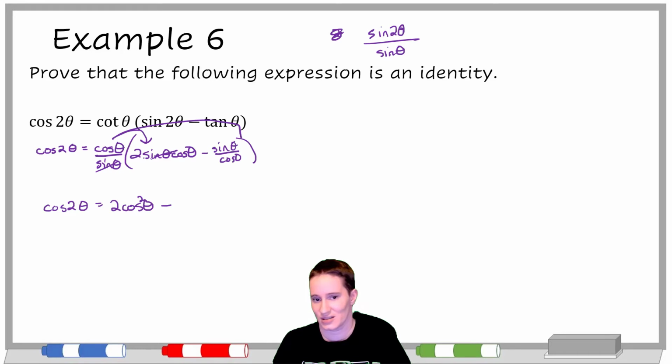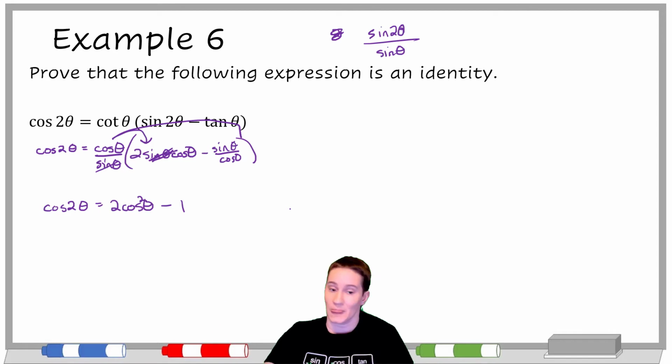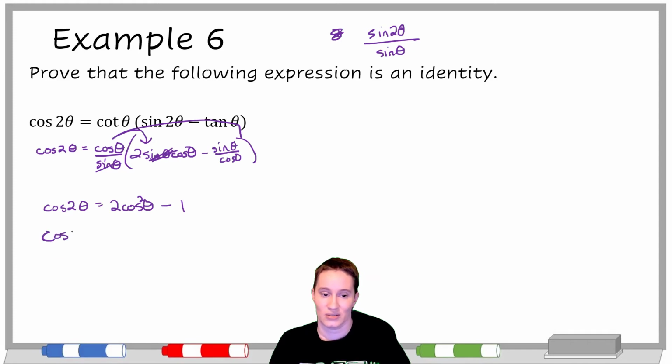Because it canceled out this sine, but it's still there to distribute to this one. Oh, cotangent times tangent should be 1 because they're reciprocals of each other. Okay, now what? Wait a second. That's one of our identities for cosine. That's one of the 3 identities. So cosine 2 theta equals cosine 2 theta. That's our answer. So woohoo! That wasn't so bad after all.